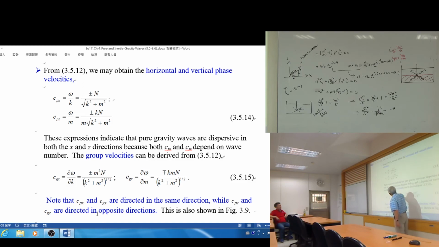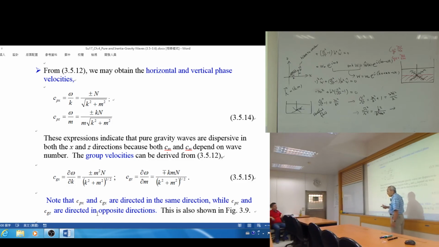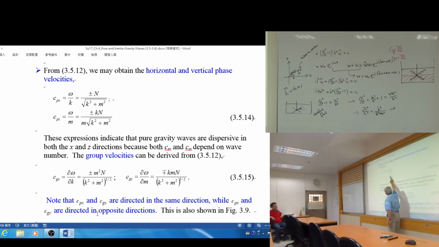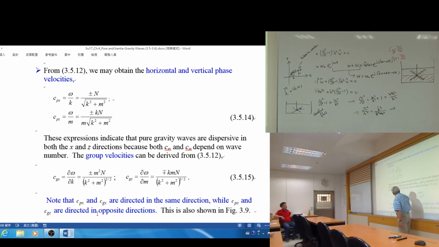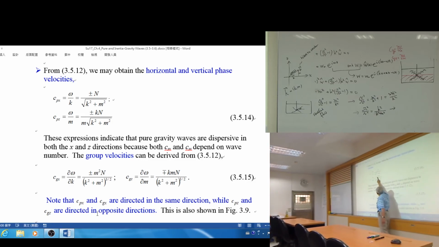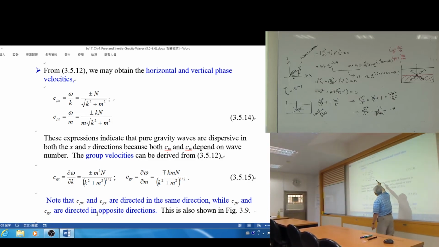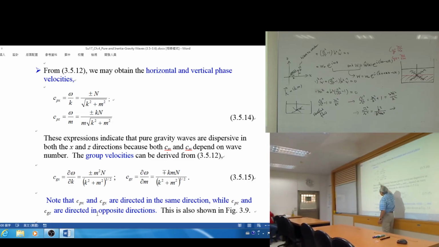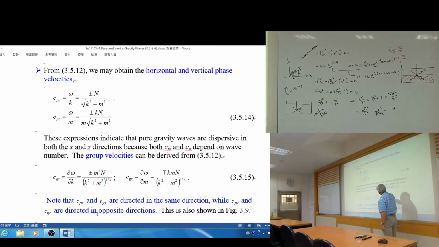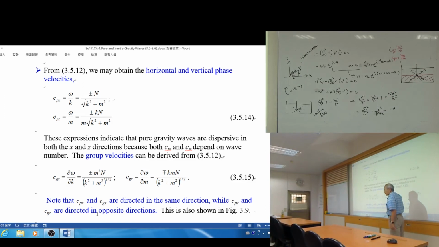If negative, it's negative here. And in z direction, when you're positive k, we have negative km times k. And when you have negative here, you have phase speed downward. Here you have positive. What does that mean?